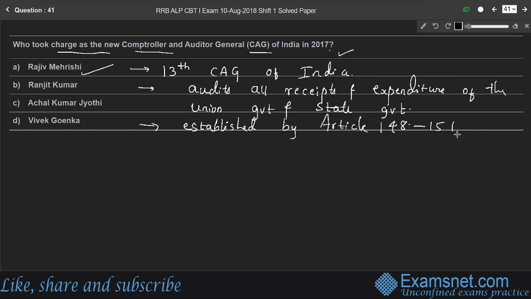The Comptroller and Auditor General of India is appointed by the President of India, right? Therefore, for the given question, Rajiv Maharshi took charge as the new Comptroller and Auditor General of India in 2017, right? Option A.